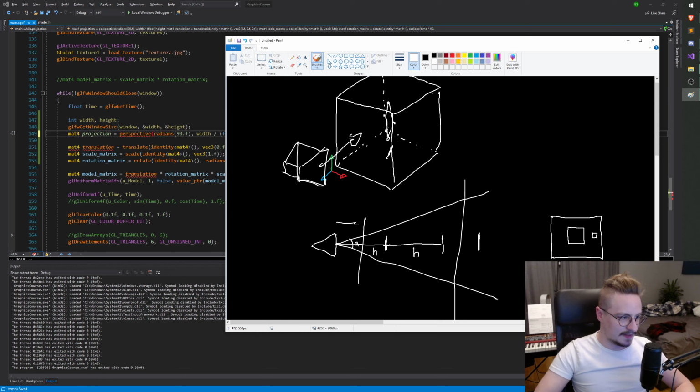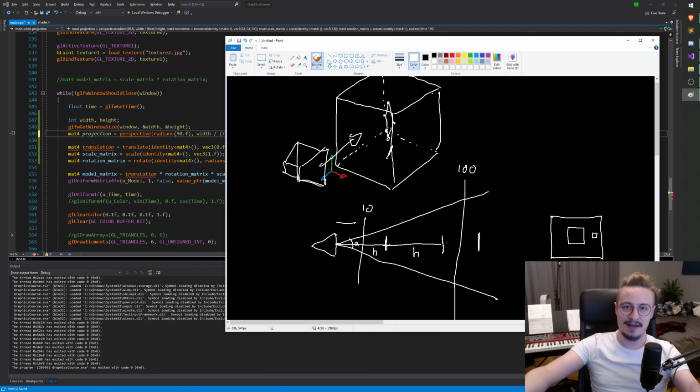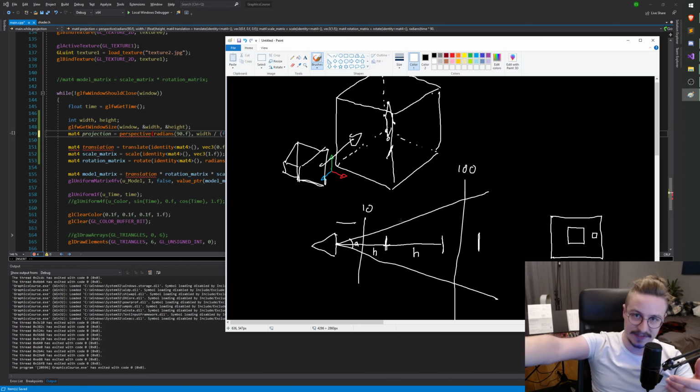So maybe the near plane is a distance of 10 and the far plane is a distance of 100, and that is away from the camera, that is. So this defines how to map these things onto the NDC cube in the end. So now, if we have a clipping plane of 10 to 100, we will actually consider objects 10 units away as minimum, and then 100 units away as maximum.